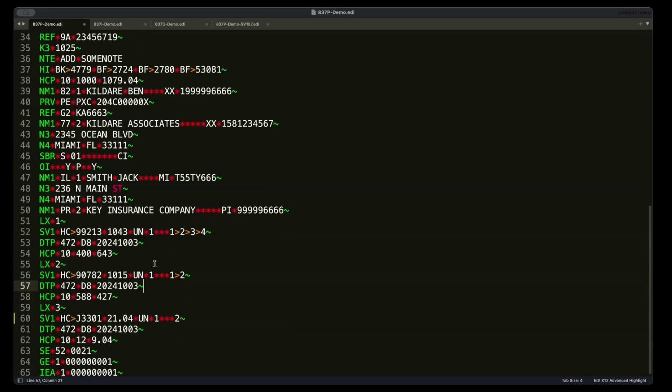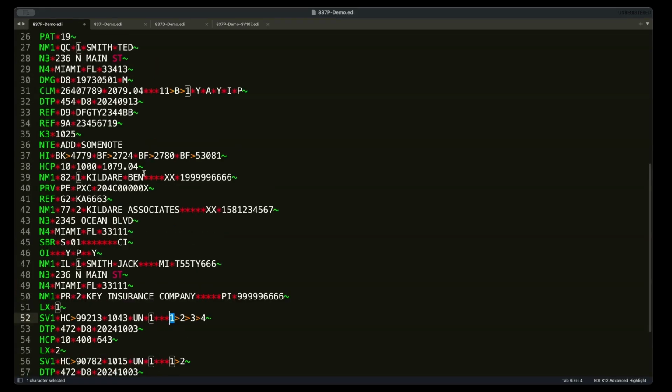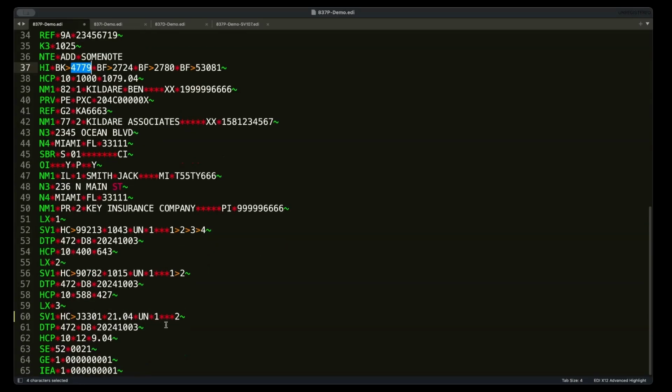For example, in this file, you see SV10701 values for different lines. For some lines, the primary diagnosis is 1, which points to the principal diagnosis code of this claim, 4779. For one line, the primary diagnosis in SV10701 is 2, which points to the next diagnosis of the claim, which is 2724.